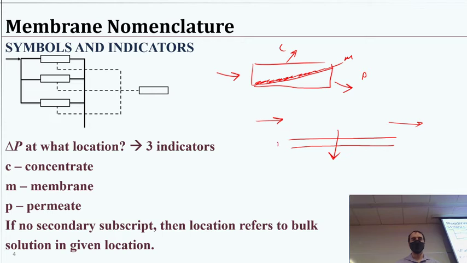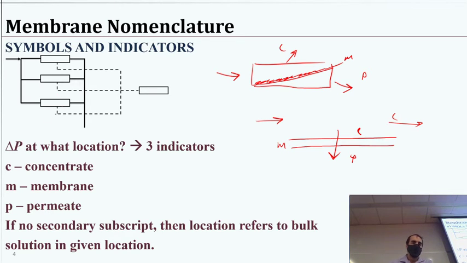So then it would be M here, C here, and P here. So the concentrate side of the membrane is where the foulants and the rejected stuff starts to accumulate. Either way you want to look at it, we've got these three descriptors, and we're going to use these to describe where something is being measured or where something is happening as we go.